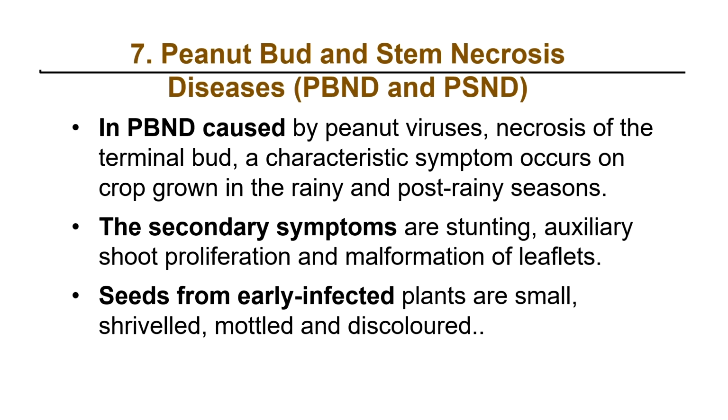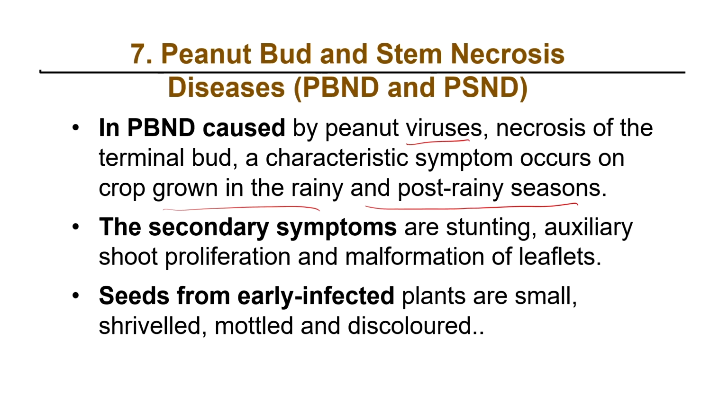Now, next is peanut bud and stem necrosis diseases, PBND and PSND. So, PBND, peanut bud necrosis disease, is caused by peanut viruses, necrosis of the terminal bud. A characteristic symptom occurs on crop grown in the rainy and post-rainy seasons.